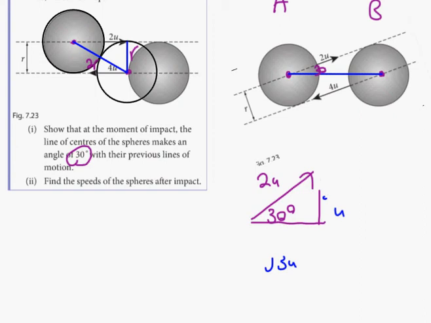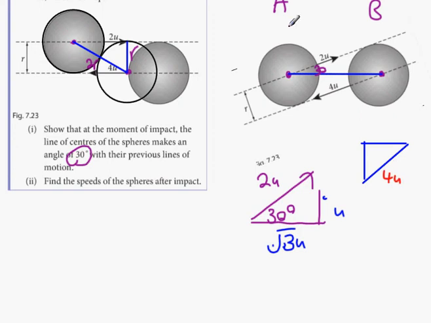Next, we've got to break up the speed of B. The speed of B is going diagonally left and down.